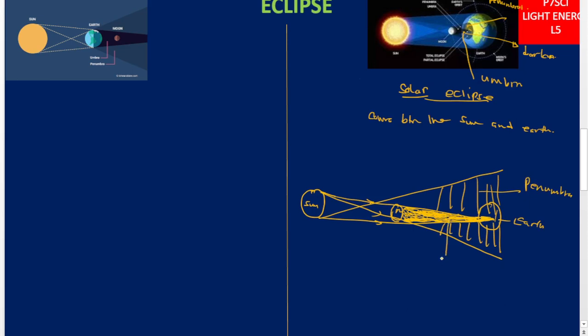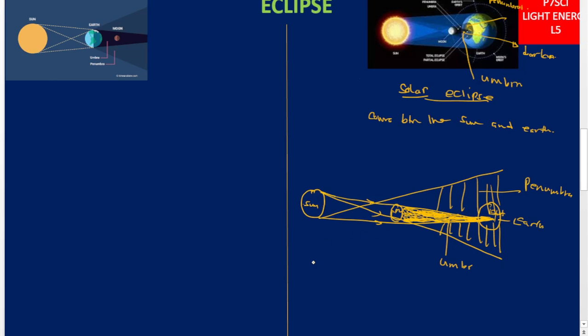Then this is the umbra region. Now this is the moon, this is the sun, this is the what? The earth. Therefore this is what we call the solar eclipse. In the solar eclipse, the shadow is cast onto the earth. When is it caused? It is caused when the moon is between the sun and the earth.